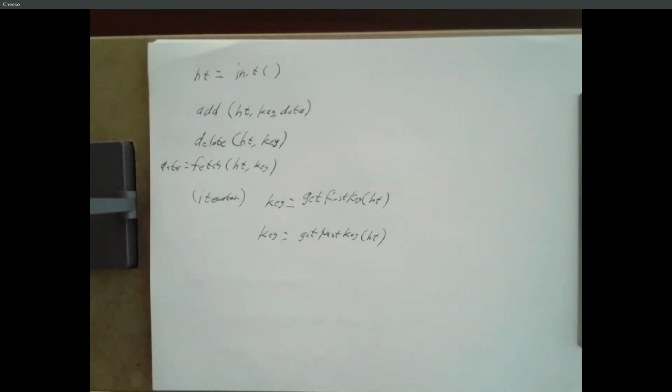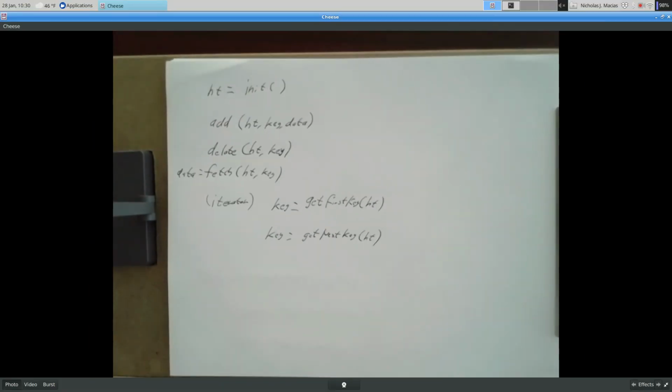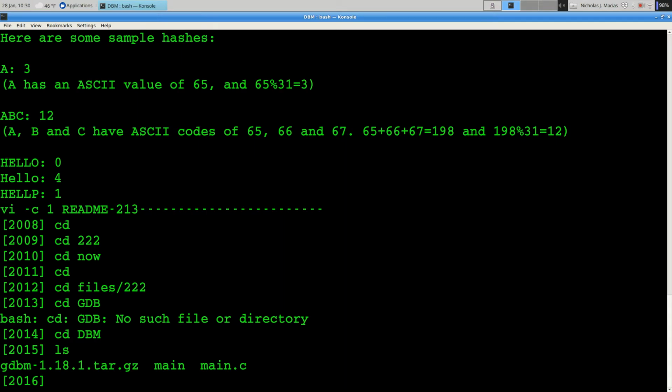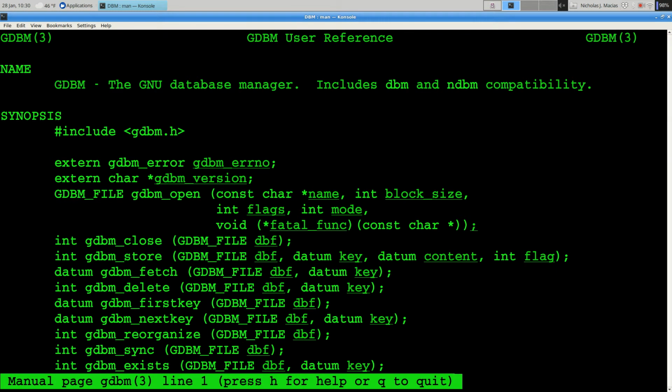So with those six functions, we've probably got a pretty complete interface to a hash table. There's a package called DBM, Database Manager, and it's currently GDBM, the GNU version.